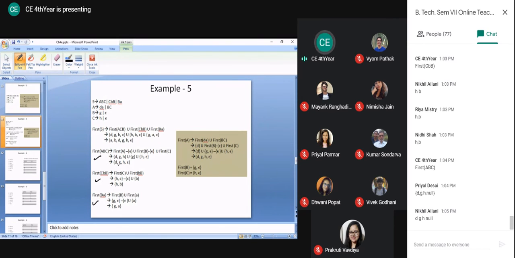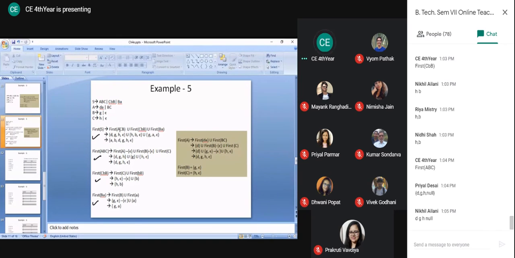First of ABC is D, G, H, null. Now we will find out first of S. You can see from here, we have three different alternatives: first of ABC, then first of CbB, and then first of BA.